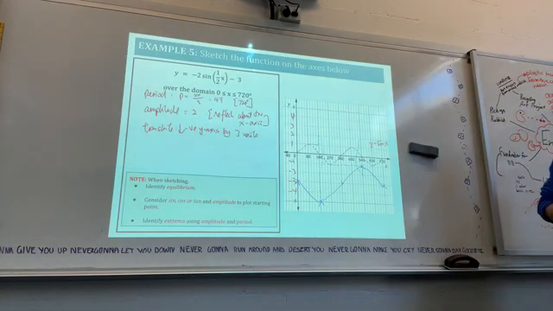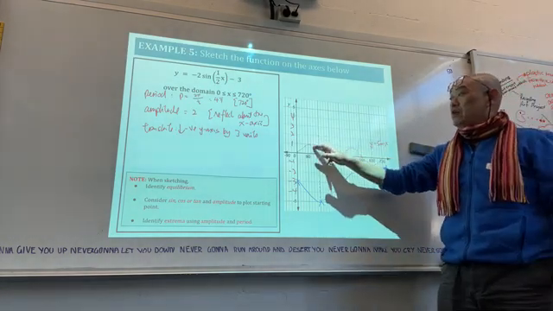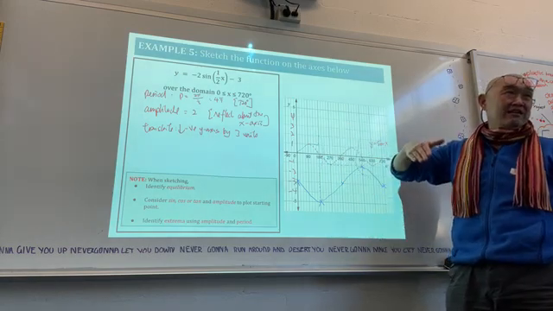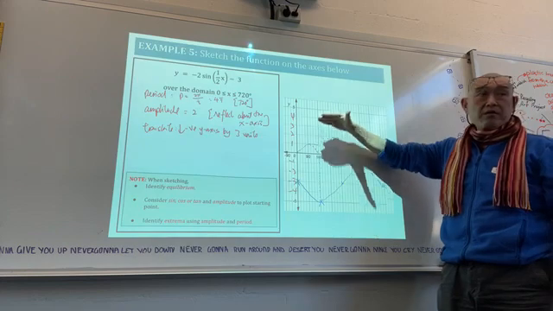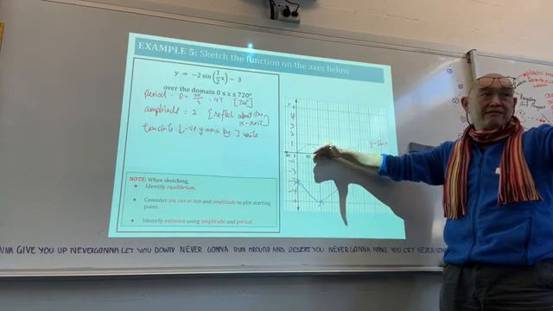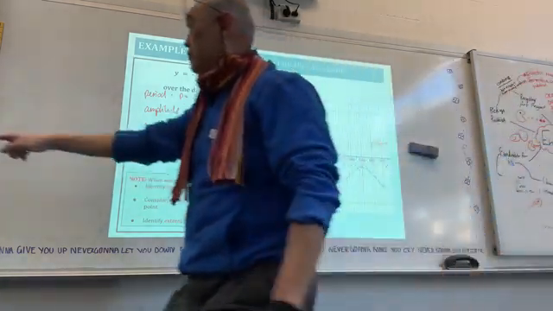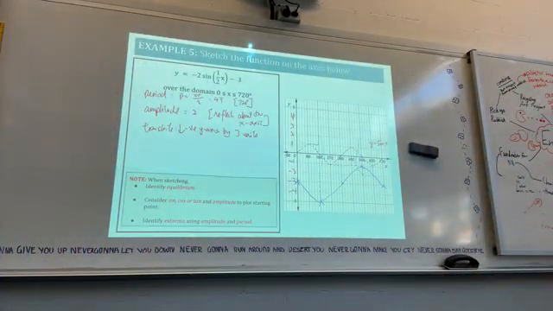Once you've done the change in period, you think about the amplitude, and then reflect, and then translate. All right? Think about the most important thing, which is your BCAD. Start off with B, and then C, and then A and D. All right? BCAD. Remember your BCAD.